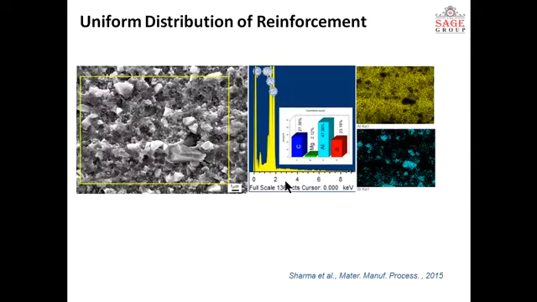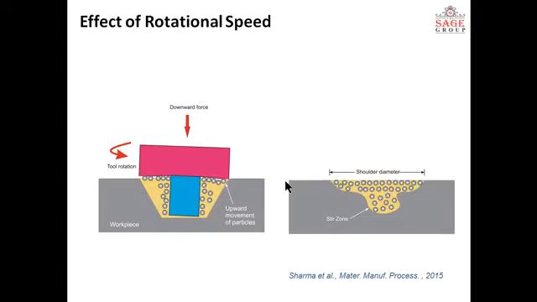And this is the EDS map. This shows the uniform distribution, a very high magnification EDS map. And this shows schematically how high rotational speed can be helpful in making surface composites with uniform distribution, because of high strain action the particles will move upward and they will be distributed uniformly.